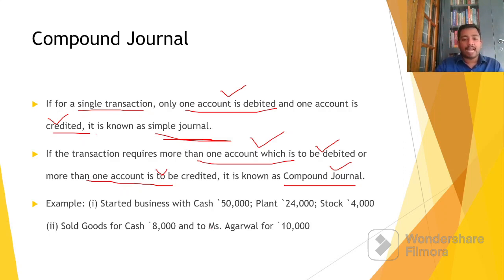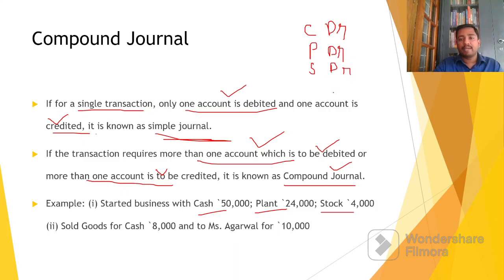Some examples: started business with cash, plant and stock. What will be the journal entry? Cash is brought in, so the cash account will be debited. Plant is another asset that comes in, so that also will be debited. And stock is also a current asset, so that also will be debited.